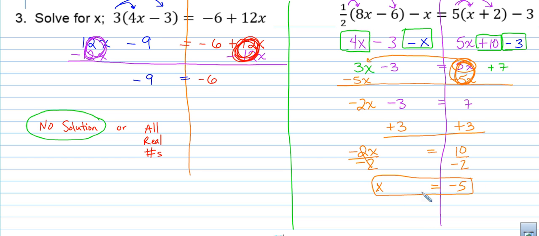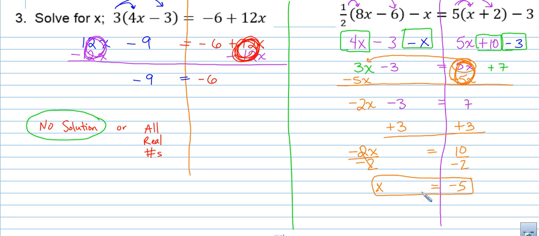Okay? Now, as with any mathematical equation, you should be able to plug in the number that you found as your answer and check to see if you got it right. Okay? So, if you're doing it correctly, you should be able to do that. If you do that for this particular one, 8 times negative 5 is negative 40.